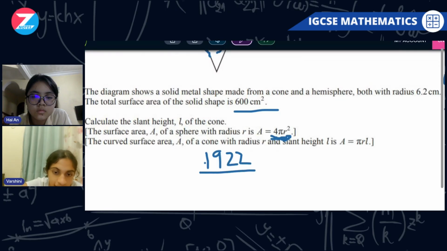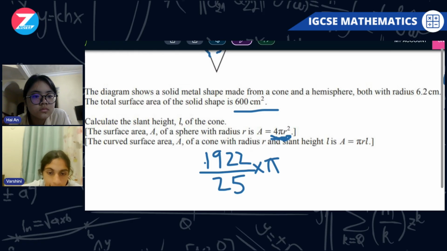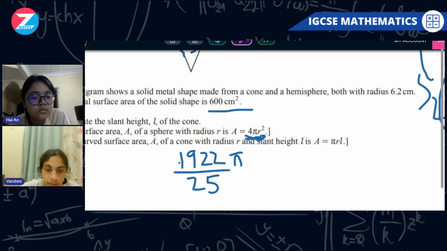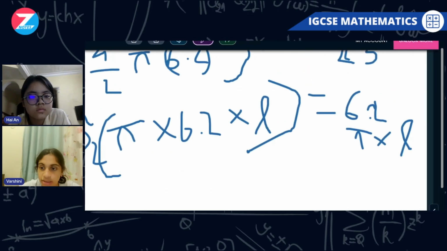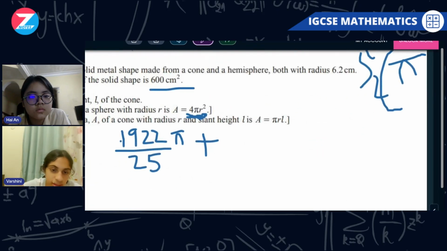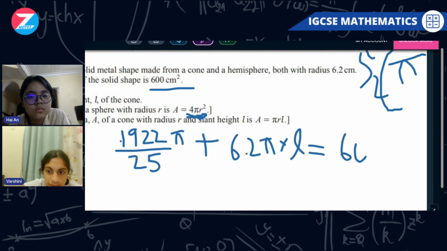1922 divided by 25 into pi, plus our other number here, 6.2 pi L, is giving us 600.